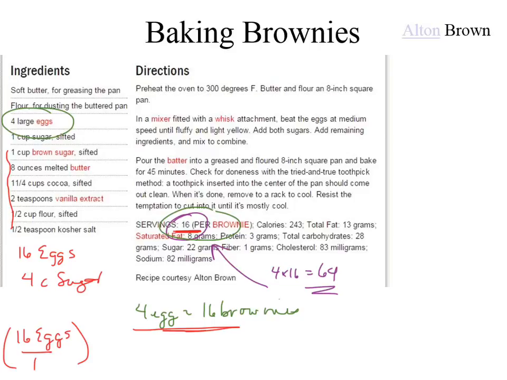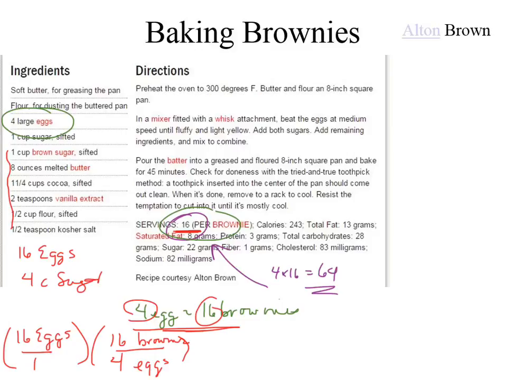I'm going to put units of eggs on the bottom and units of brownies on top. Do you buy this, that it's going to be 4 eggs and 16 brownies?